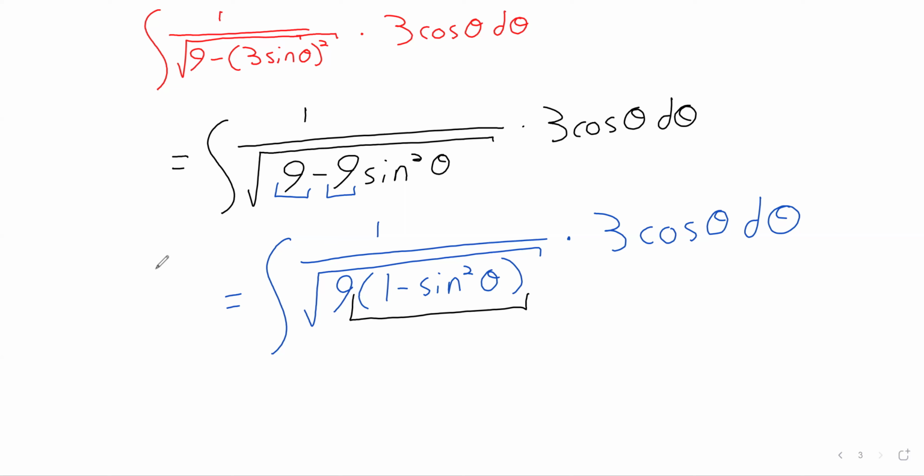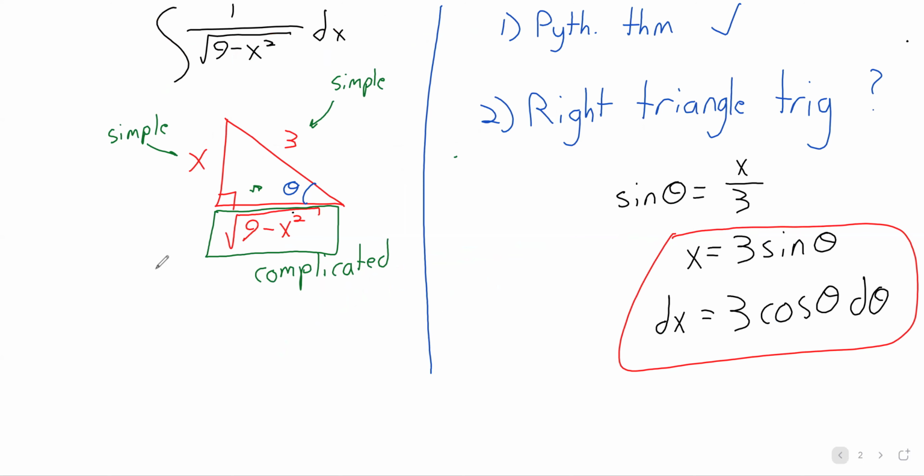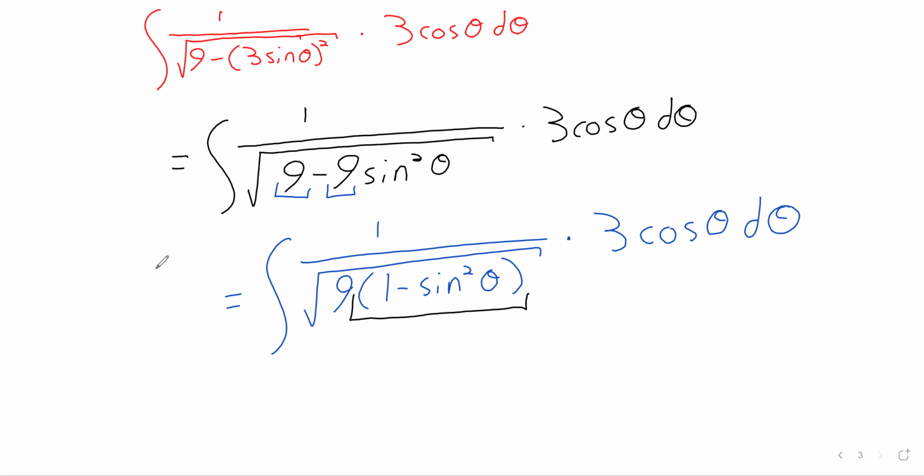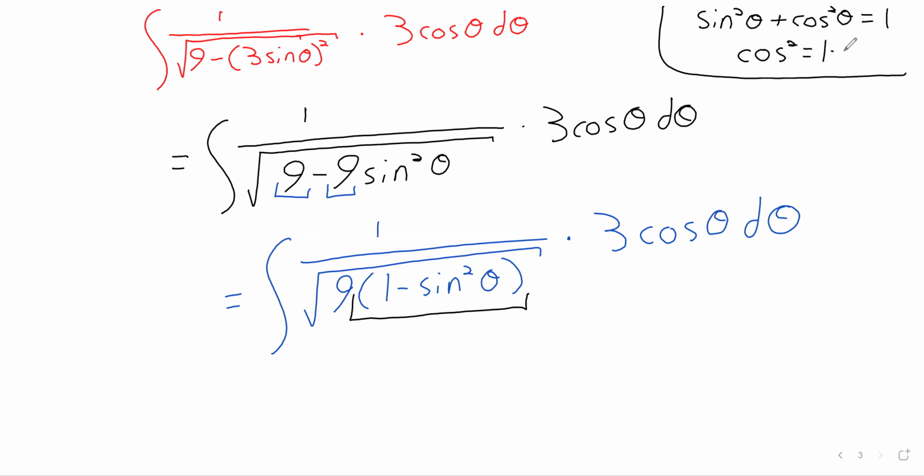And this comes, I mentioned the Pythagorean theorem. It comes more specifically from the Pythagorean identity. The statement that the sine squared plus the cosine squared is 1. So the cosine squared is 1 minus the sine squared.